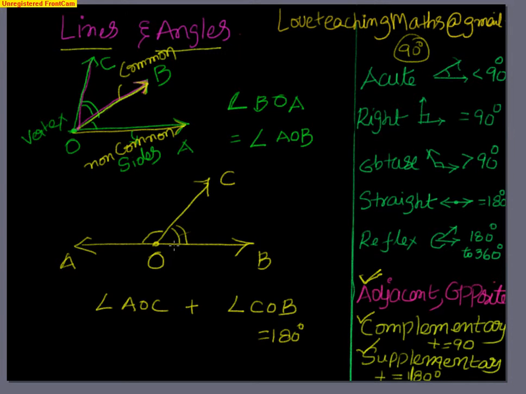If a ray stands on the line, then the sum of the adjacent angles equals 180 degrees, or the converse of it is, if the sum of two adjacent angles is equal to 180 degrees, then the non-common sides form a straight line. So these set of angles are called linear pair of angles.